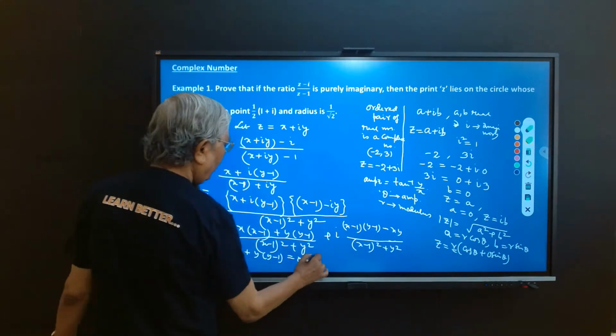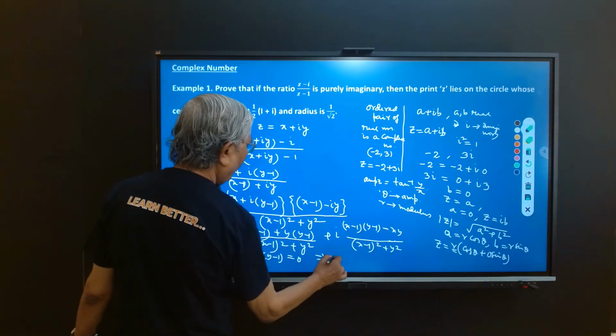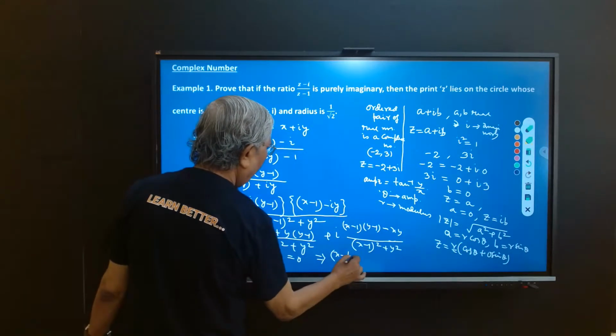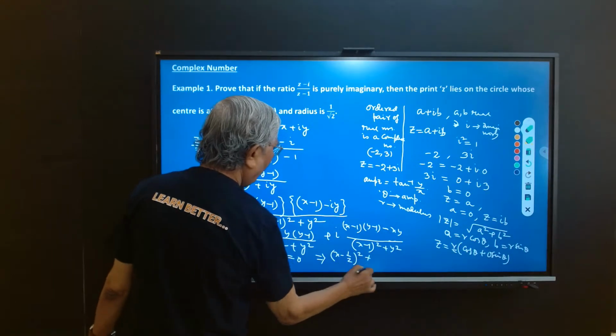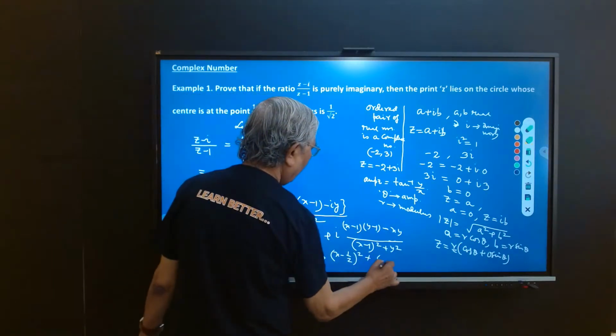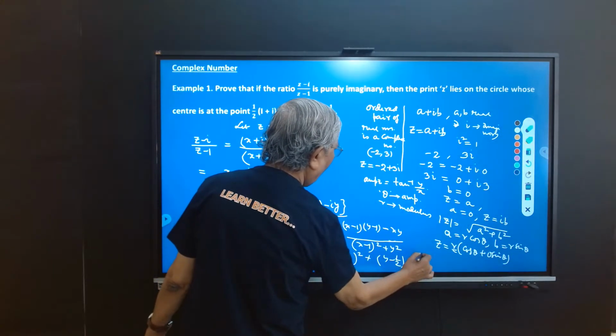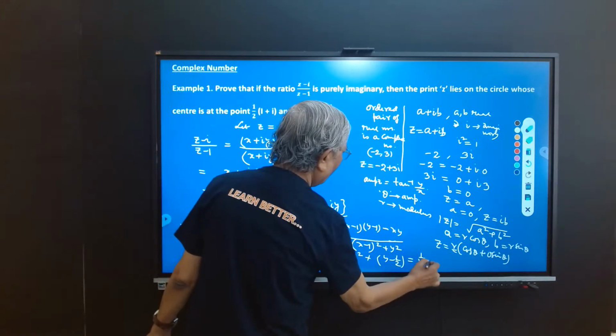Simplify it. This will give (x minus half) whole square plus (y minus half) whole square equals half, that is (1 by root 2) whole square.